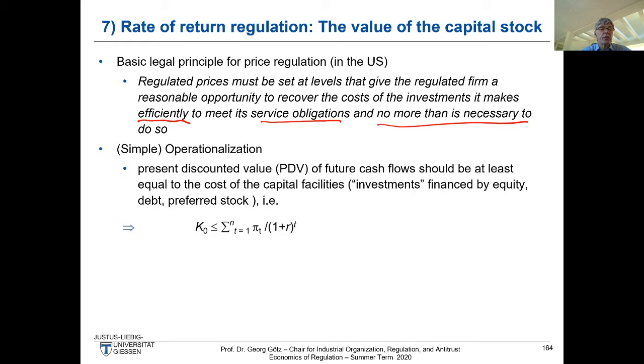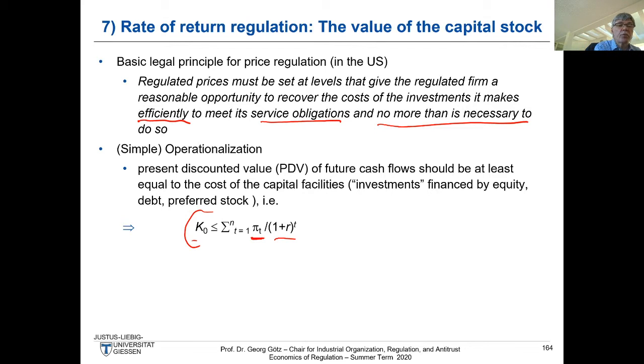And now it's much easier if we take that in slightly mathematical terms. Here the case 0 is just the investment necessary. If you determine that exactly, then you know you have in, say, n years some cash flow, some income or profit stream, and the discounted value of these profit streams, discounting with the interest rate R, should be at least as high as the investment.